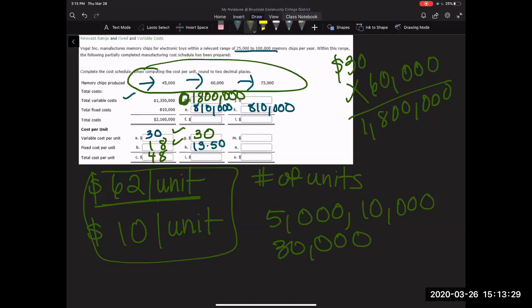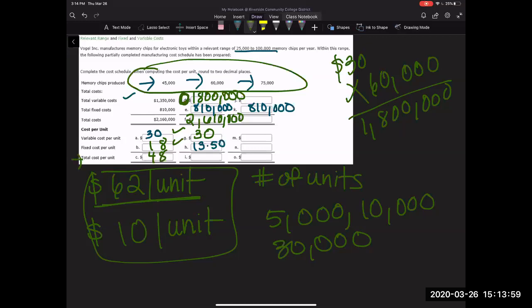From here, it's quite simple math, like filling it in. So $1.8 million plus my 810,000 of fixed costs, my total cost would come out to $2,610,000.